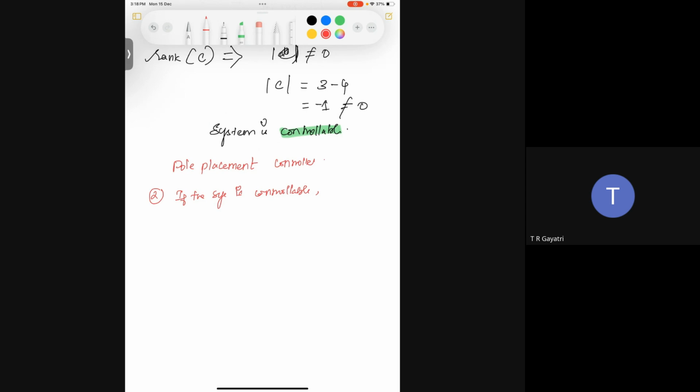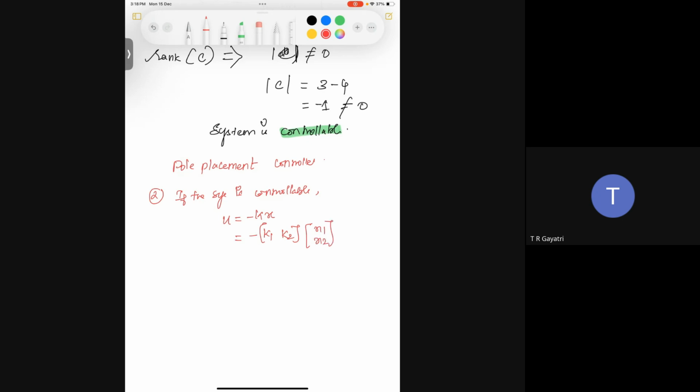If I put it as s square plus... you design a controller u equal to minus Kx, where K is K1 and K2, because this is a second order system.